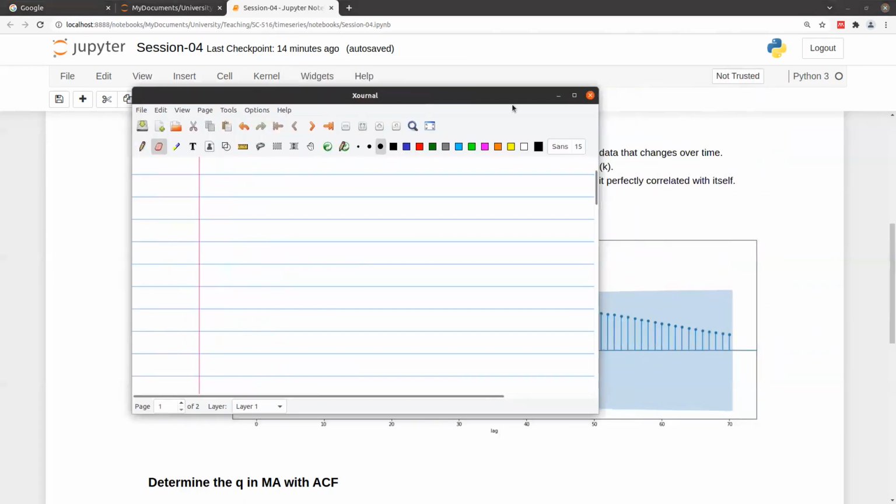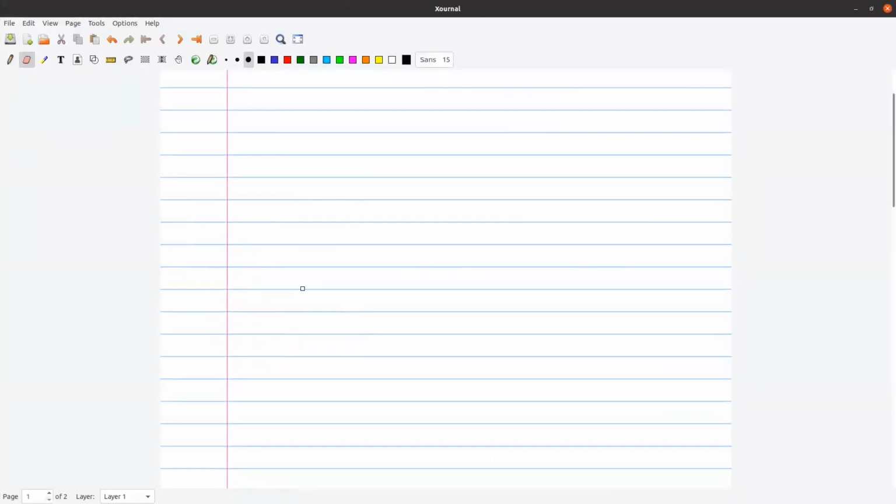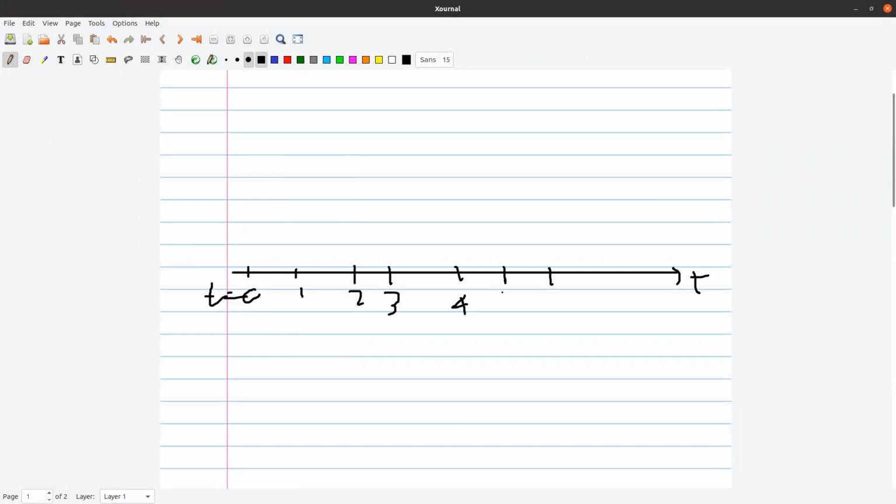For example, suppose we have some time points, T equal 0, 1, 2, 3, 4, 5, 6, up to suppose n.